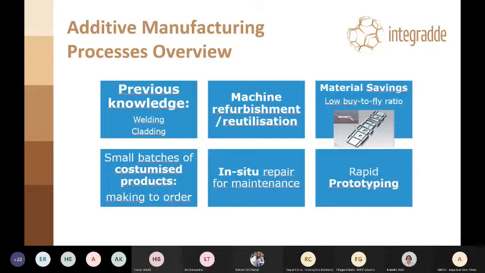It can be used not only for additive manufacturing, but also for in situ repair, for maintenance, and also it can be used for rapid prototyping to see whether some design is good for the final component, or it doesn't meet requirements or has some problems regarding manufacturing or mechanical properties of the component. So you can easily change the design and produce another part to check if everything is okay.